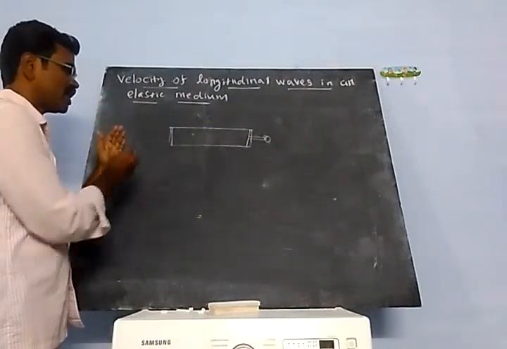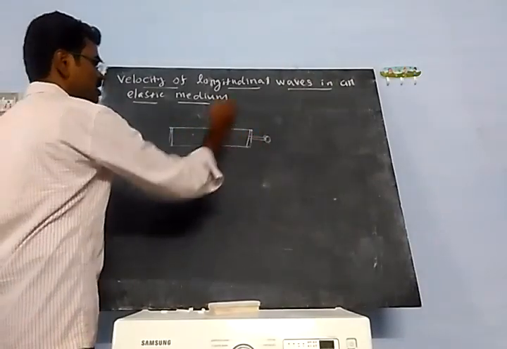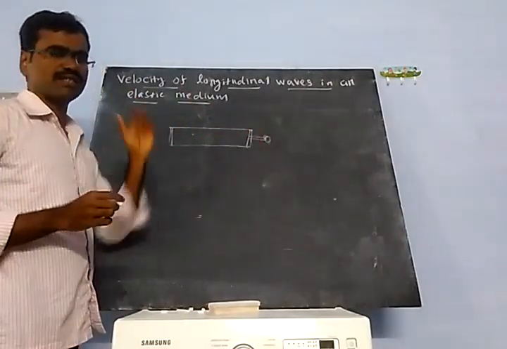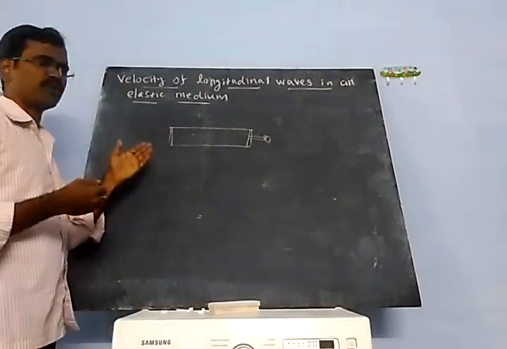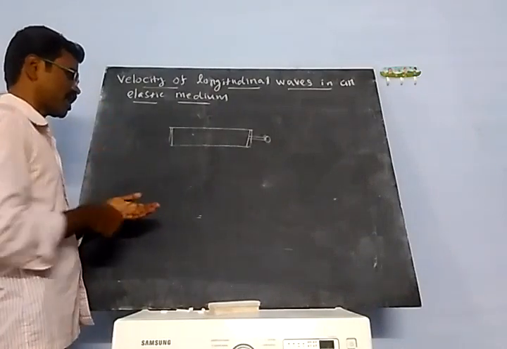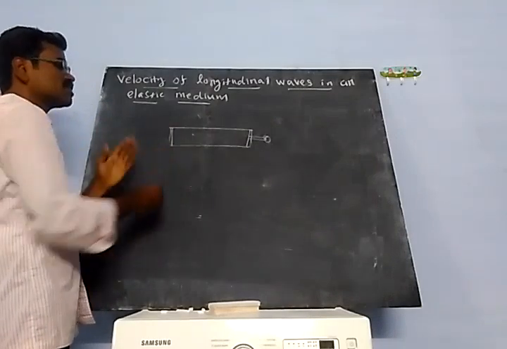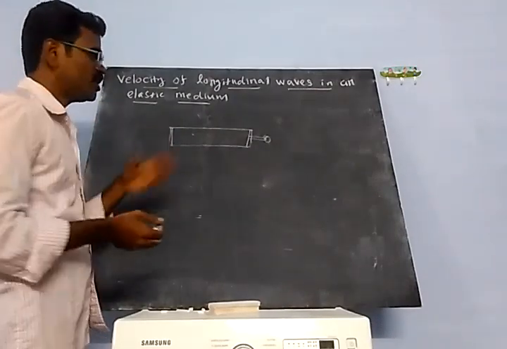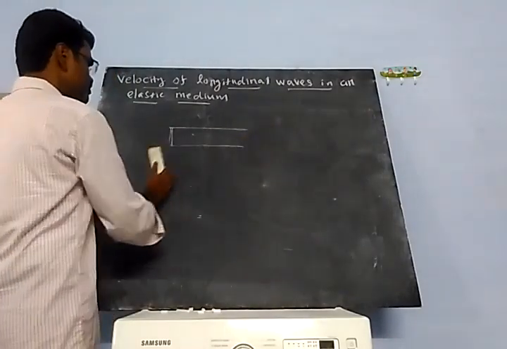The longitudinal waves are produced by a tuning fork. When a tuning fork is struck on any material and placed here, it produces longitudinal waves.